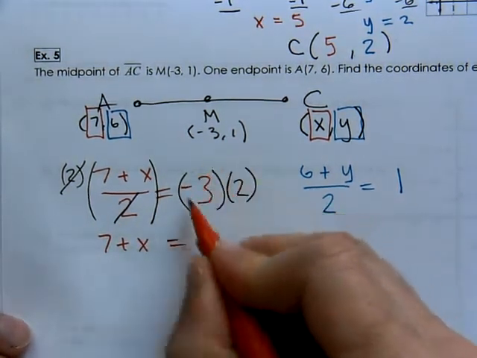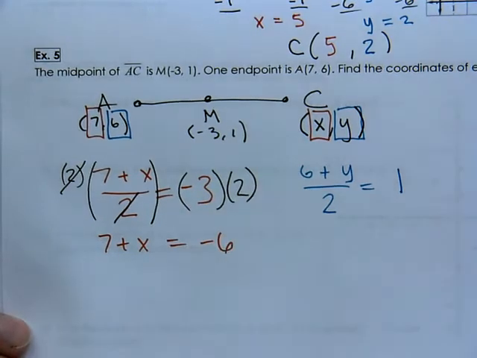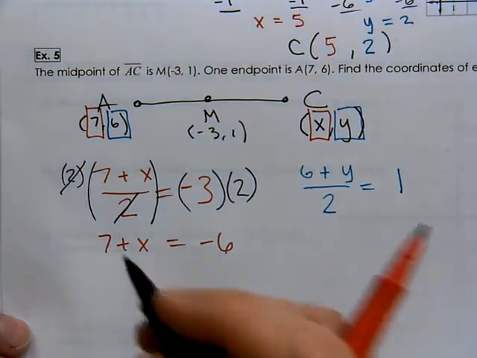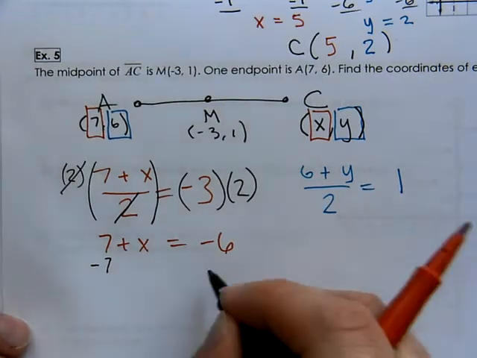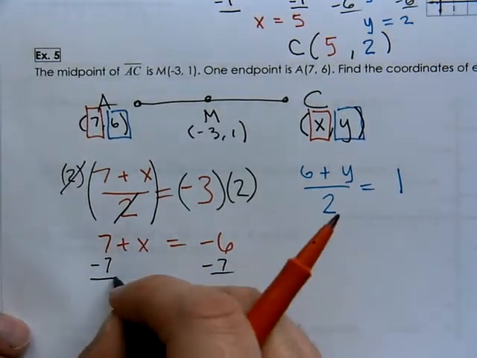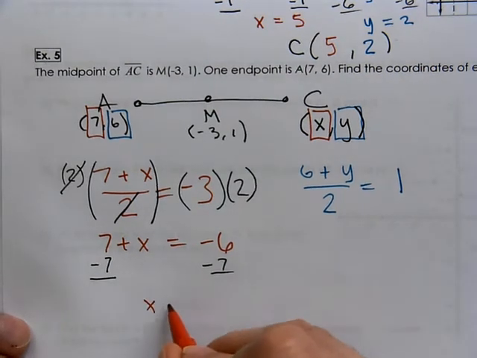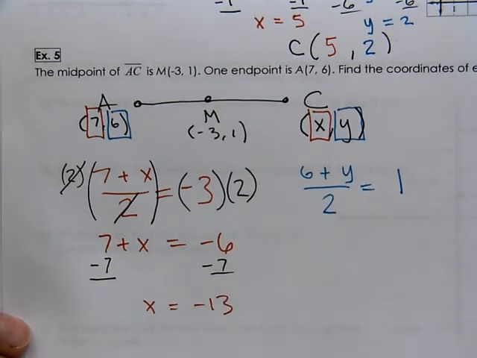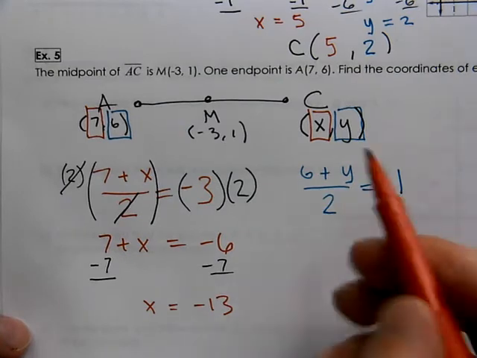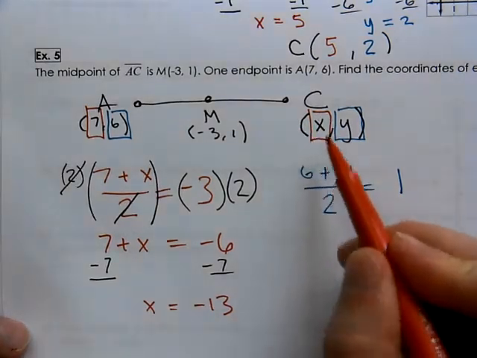On the right-hand side, we multiply to get a result of -6. We want to isolate the variable. We're moving all the constant terms to the other side. I'm subtracting 7 here, and that will give us a result of -13. That's my x-coordinate for the missing endpoint.